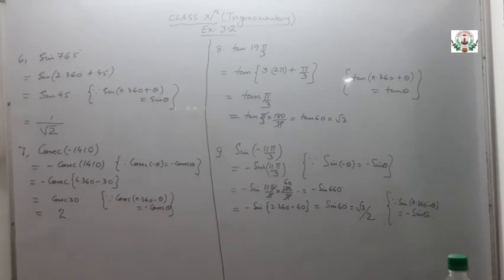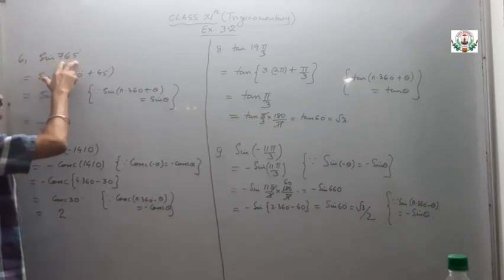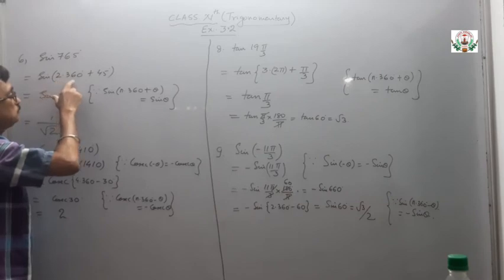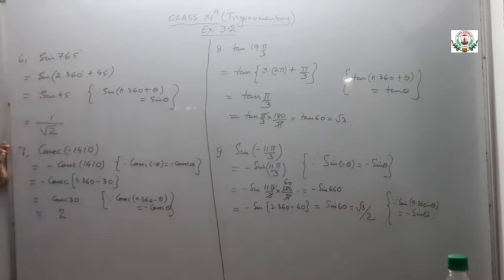Now here comes question number 6. As I told earlier, the higher values can be converted in the range of 0 to 90 degree. Sine 765 degree. It is more than 360 degree. So if we multiply 360 into 2, we get 720 degree, and 720 degree plus 45 will give 765 degree. So sine 765 can be written as sine of 2 into 360 degree plus 45 degree.